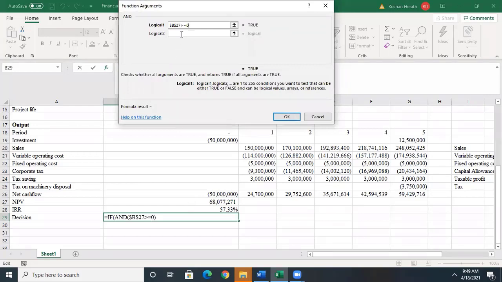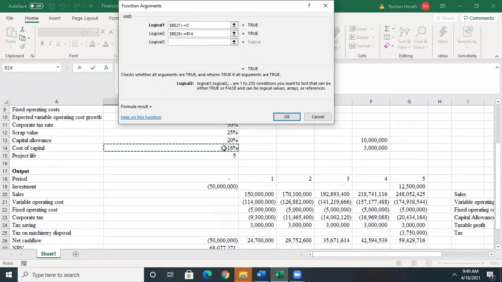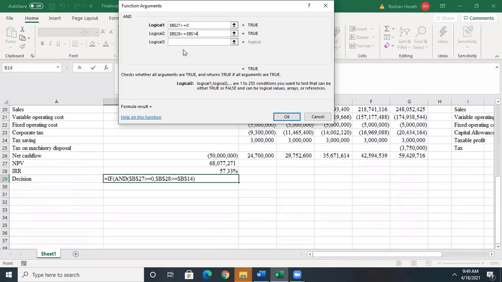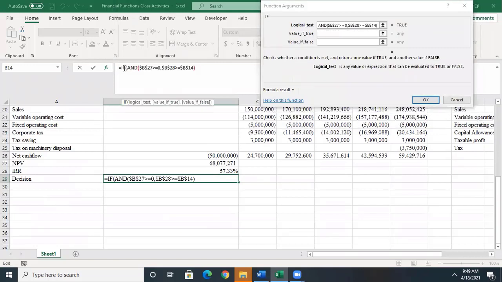The second thing is that the IRR must be greater than or equal to the cost of capital. If these two conditions are satisfied, you are going to accept the project.